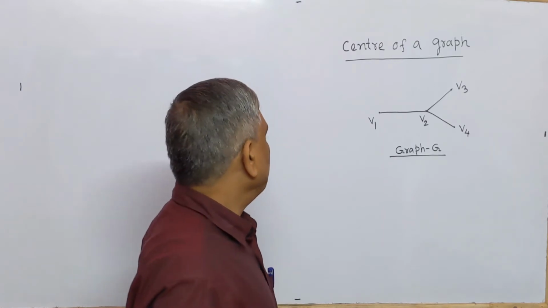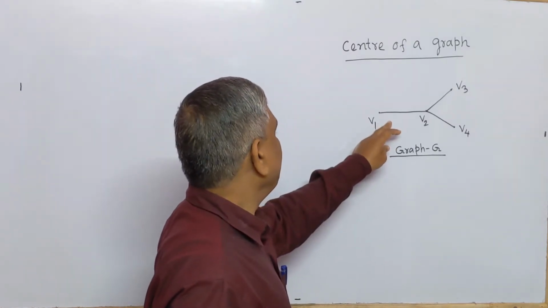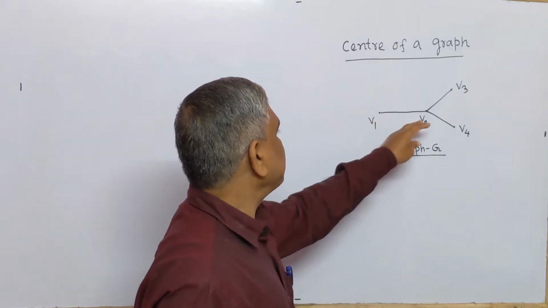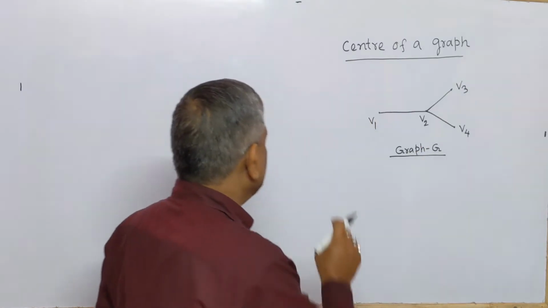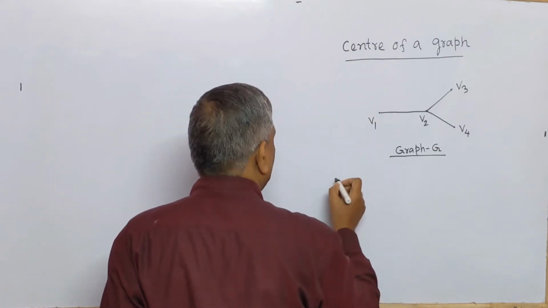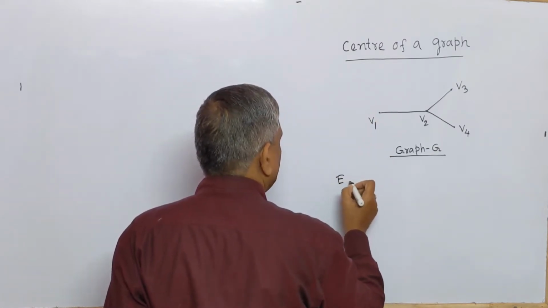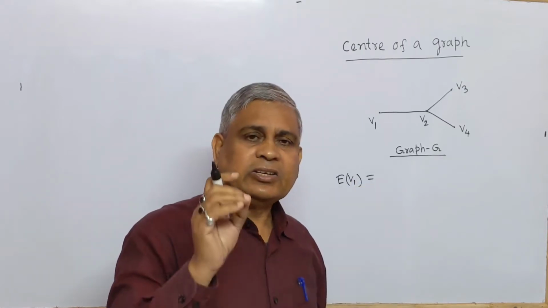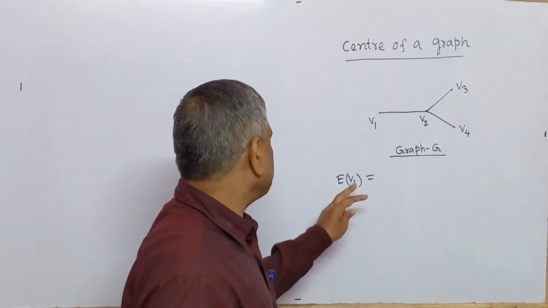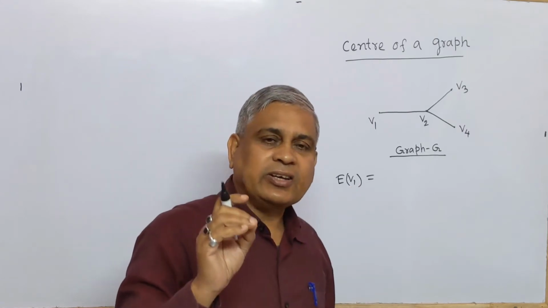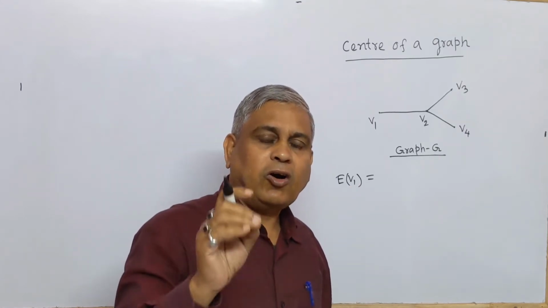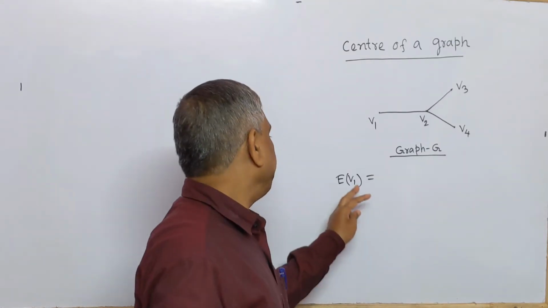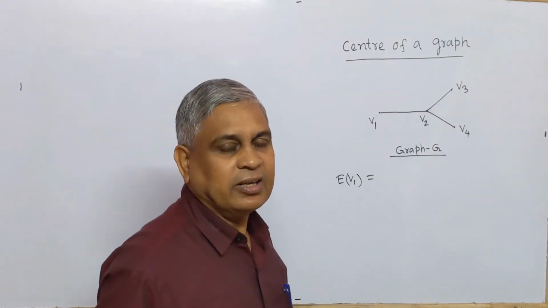Now, we want to find the eccentricity of these vertices. Firstly, we find eccentricity of V1. Eccentricity of a vertex V1 is the distance of the farthest vertex from the vertex V1.